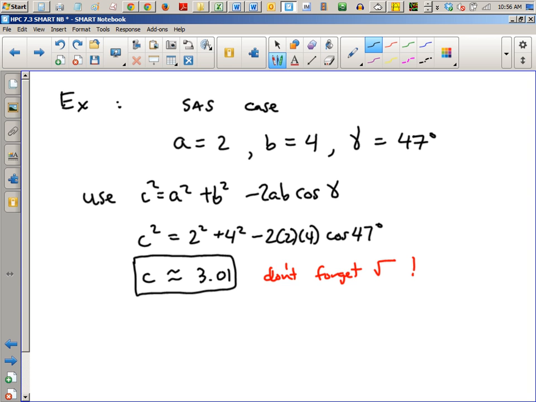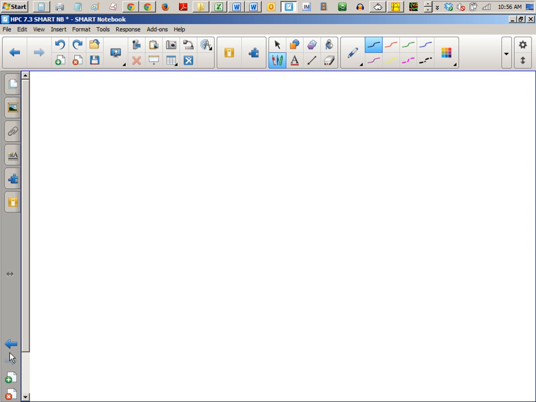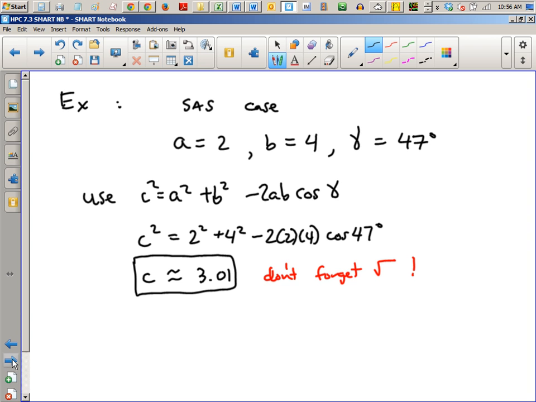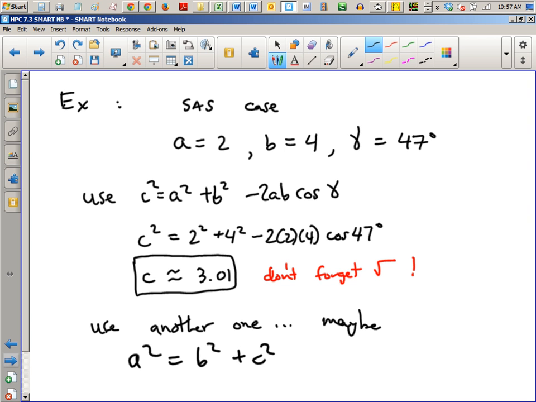Let's just use a different version of this now and try to get either alpha or beta. So why don't we try the first one, this one. We haven't used that yet. a squared equals b squared plus c squared minus 2bc cos alpha.